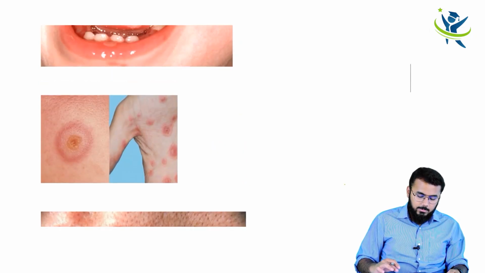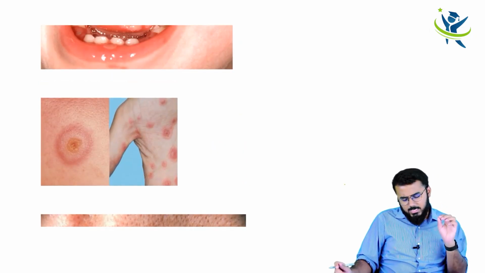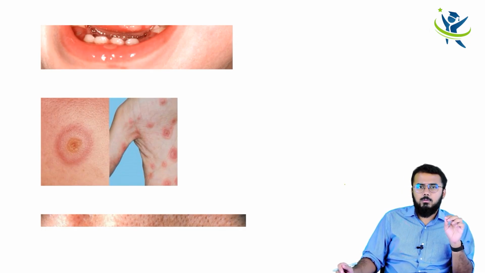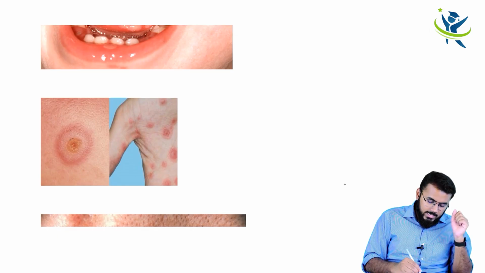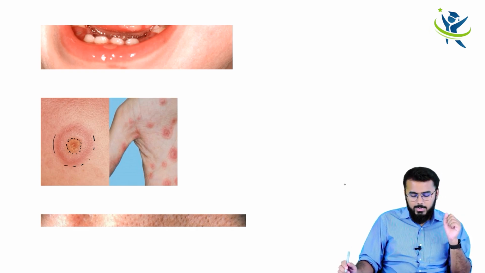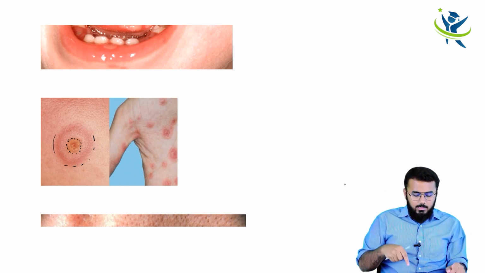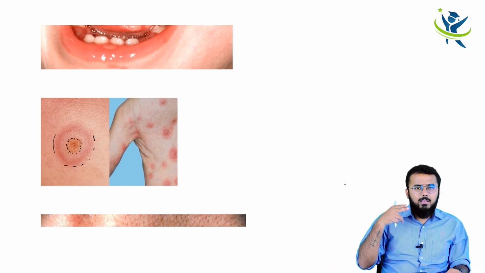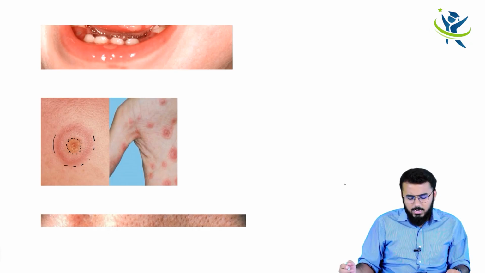So this is erythema multiforme. This typical rash is also called a bull's eye rash, because it has a scale or vesicle formation in the center. Surrounding this, there is a zone of erythema, like a ring of redness. So it gives a target appearance or bullseye appearance. You call it by multiple names.